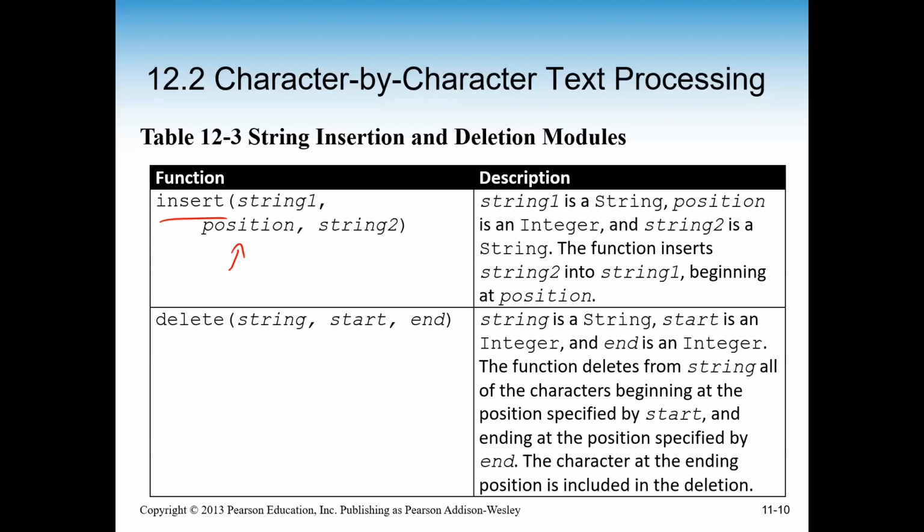The function inserts string 2 into string 1 beginning at the location of position. Delete is kind of the opposite of that. The function deletes from string all of the characters beginning at the position specified by start and ending at the position specified by end.